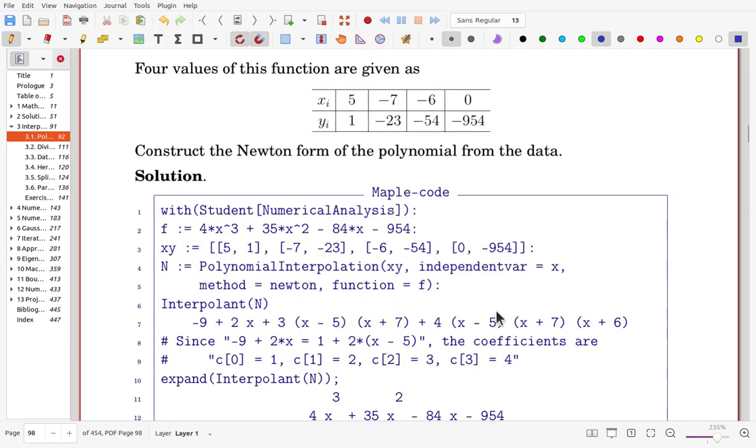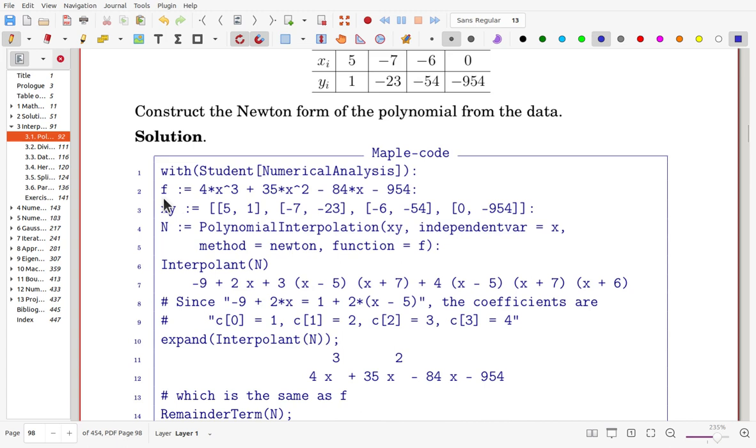Okay, here for comparison purpose and graphical purpose, we define f, and these are data points here, and we make the Newton form of interpolating polynomial. The output is given in this way. Now, this portion must be C0 plus C1 times x minus x0.